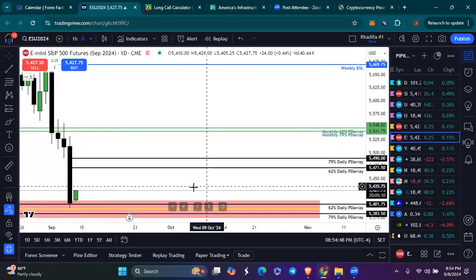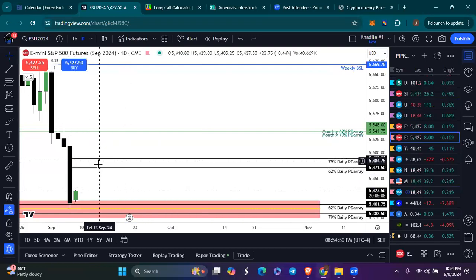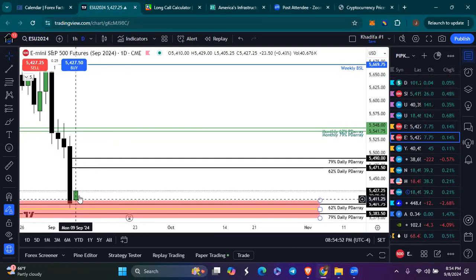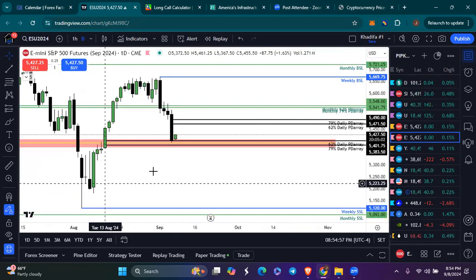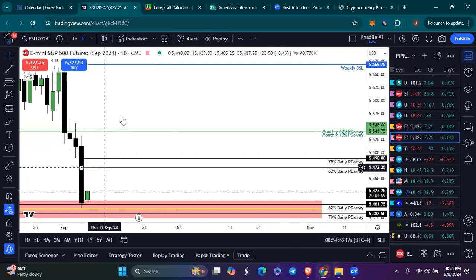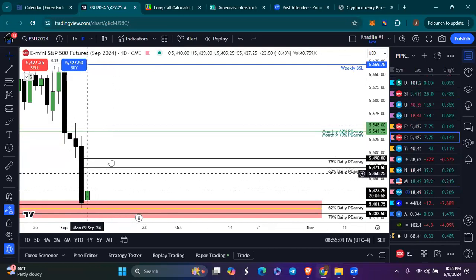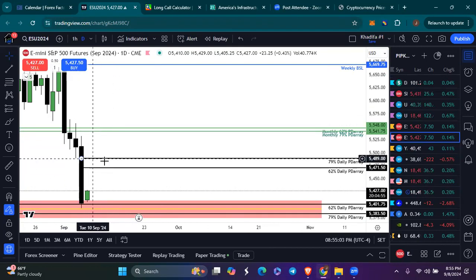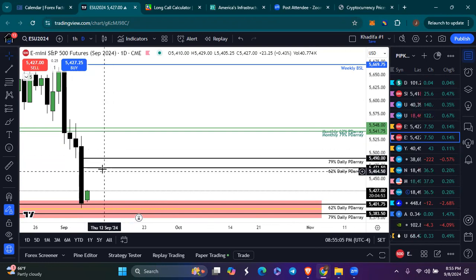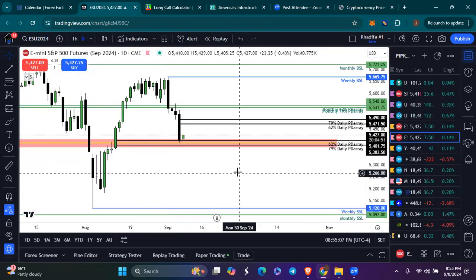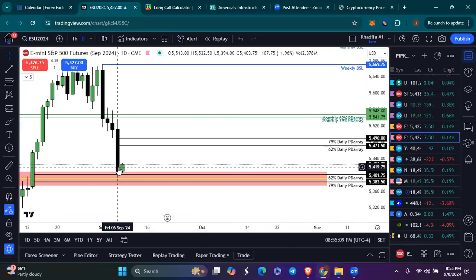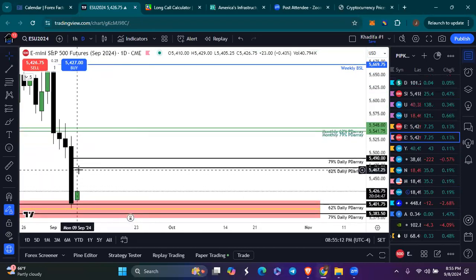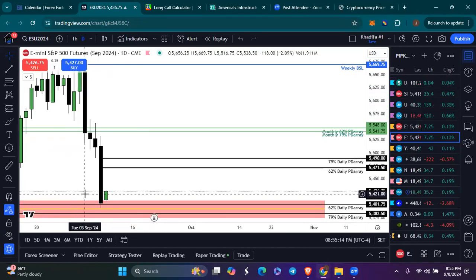Throw your 79 and 62 Fibonacci levels on there, and those are the levels that I'm looking for ES to buy up to, right? Then whether we continue to buy or sell out is determined by how price reacts to those levels when and if we get there, because we might not even make it all the way up to those levels.